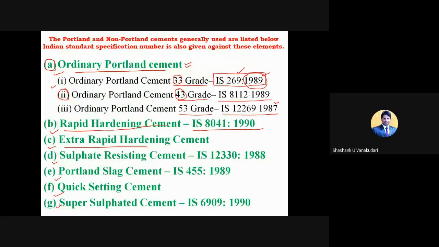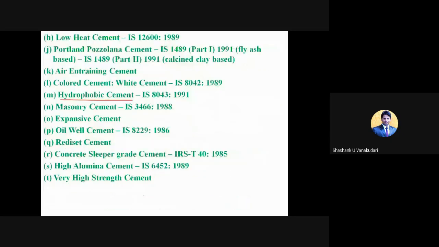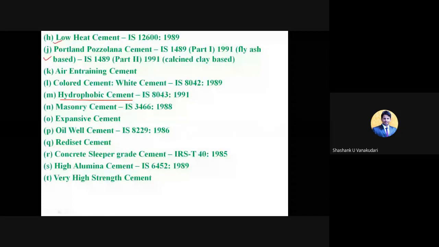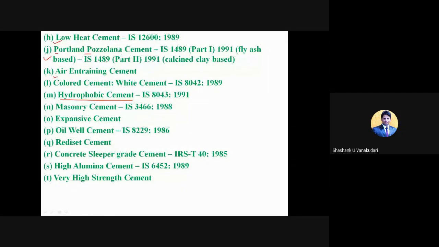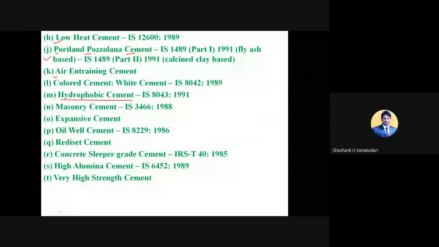So after super sulfated cement, we get low heat cement and Portland Pozzolana cement, that is PPC. Most of the time you have heard these words, PPC and OPC, ordinary Portland cement. PPC stands for Portland Pozzolana cement. Okay.